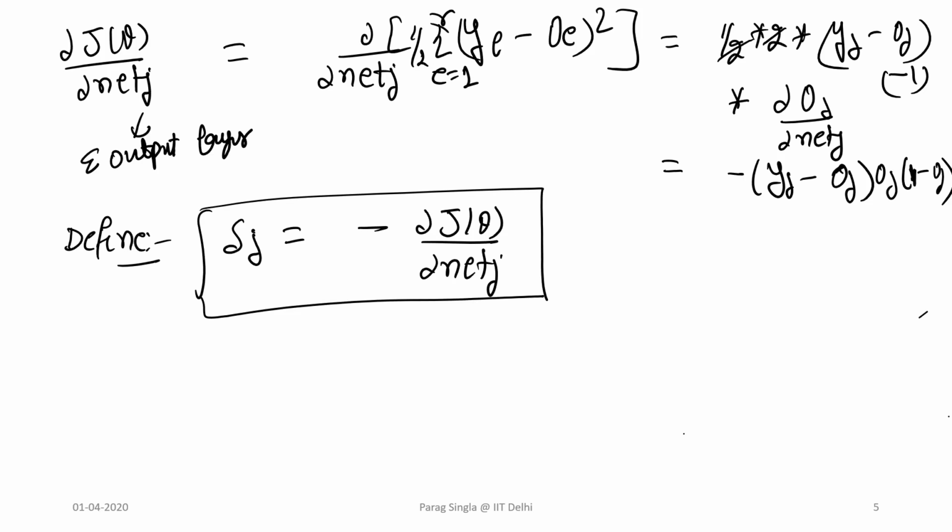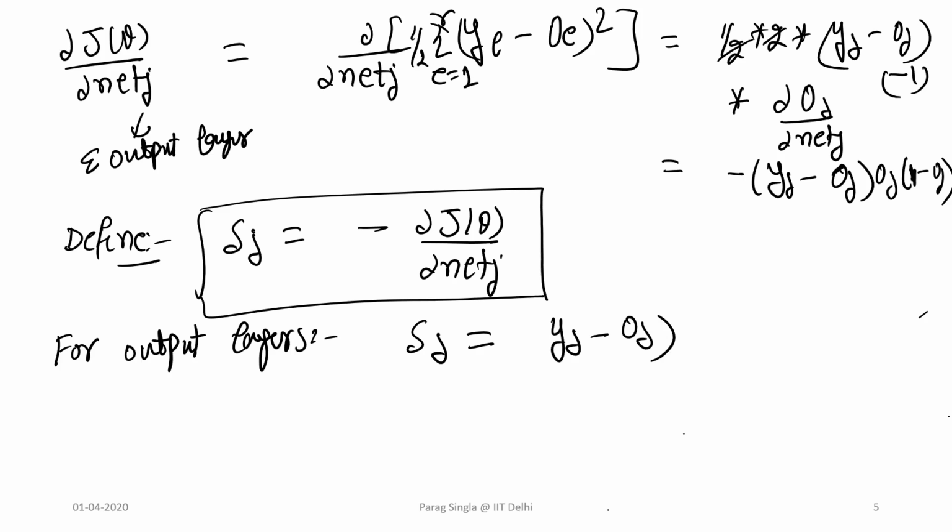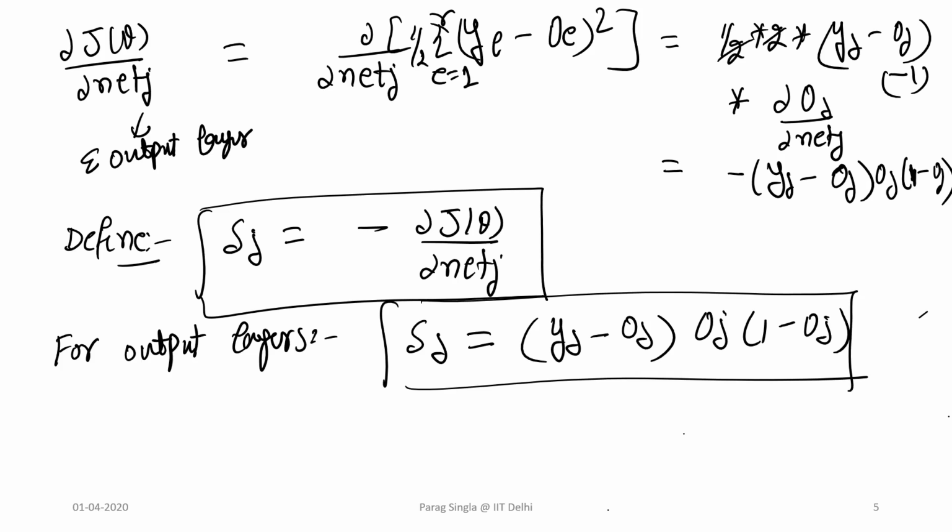Therefore, for output layers, delta j is yj minus oj into oj into 1 minus oj. So this is the derivative that we want in the output layer. This is case A, very simple.